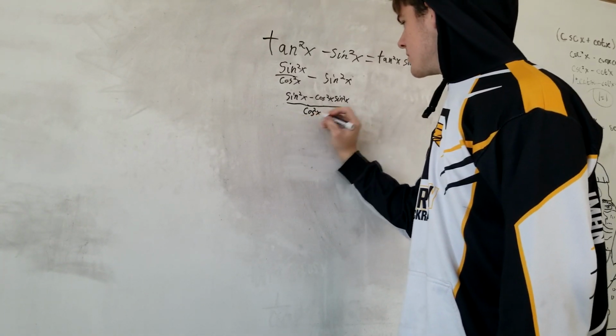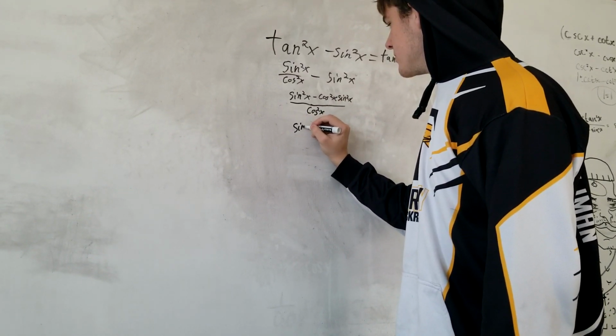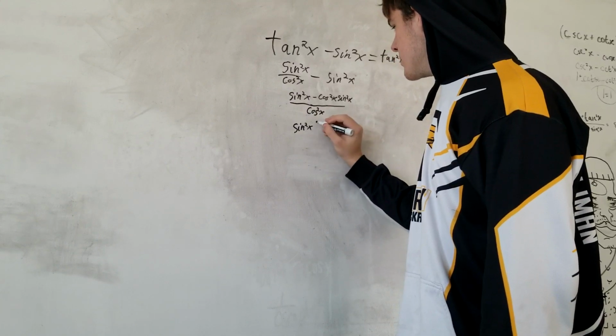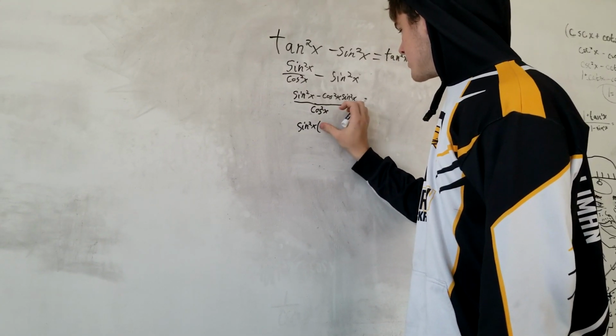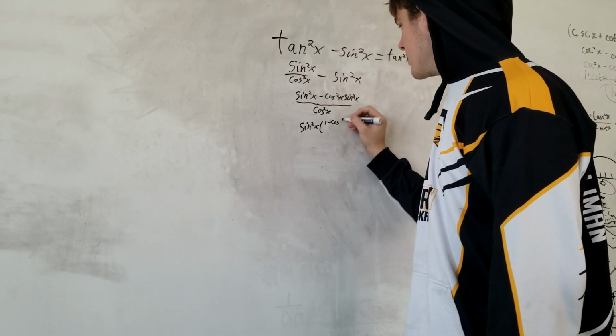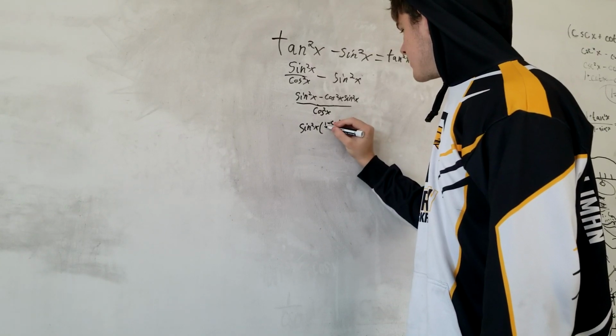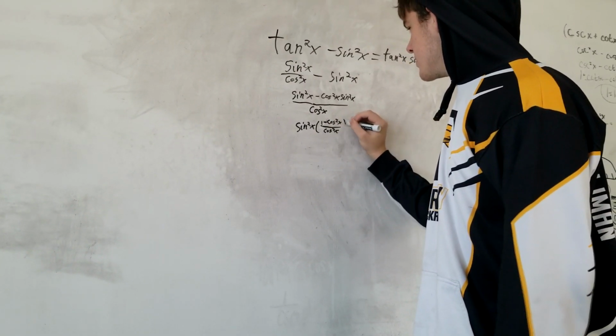Then you can simplify by putting sine squared x times 1 over cosine squared x divided by cosine squared x.